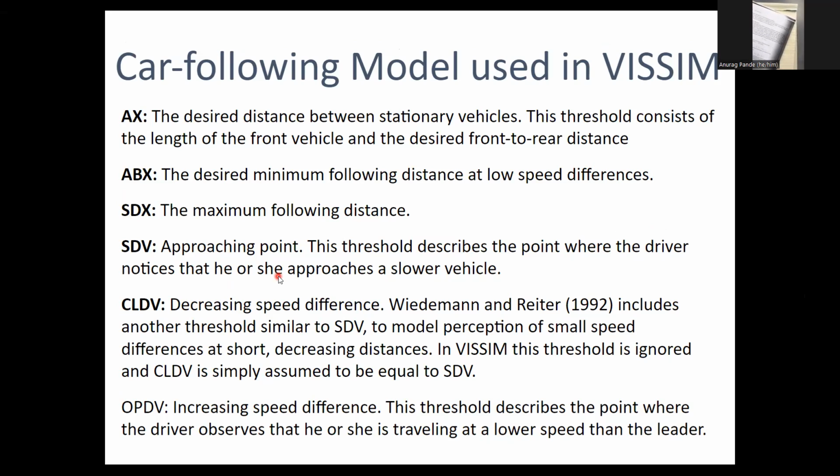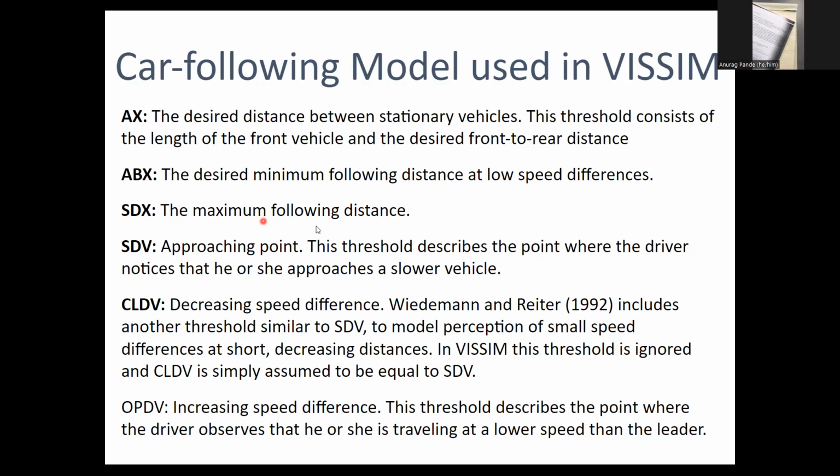If you're wondering what these acronyms stand for, they actually mean something, but they don't mean anything to me, because they came from the German language, since VSIM was developed in Germany. The CLDV and SDV and all these things are acronyms of whatever the German word for approaching point might be. One time I looked it up and I found it, but there is no value in you learning German in this class. There is value in learning German independent of this class, but not here.